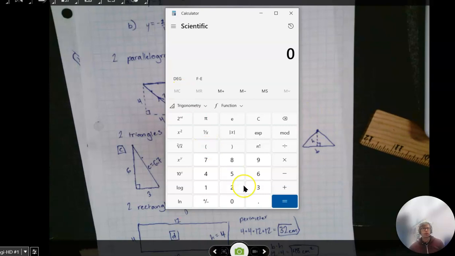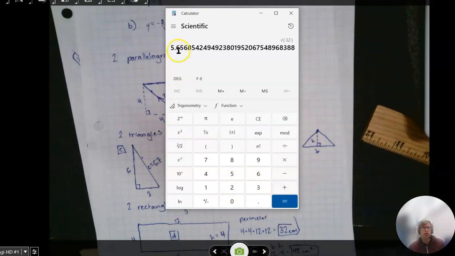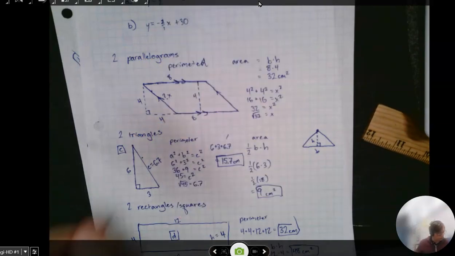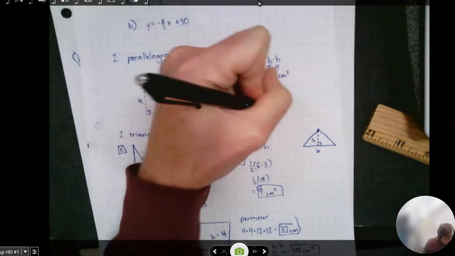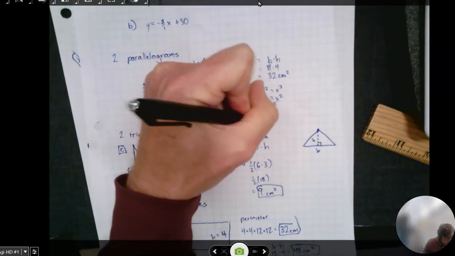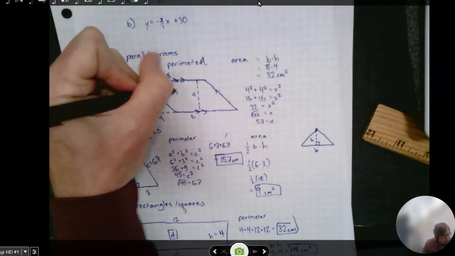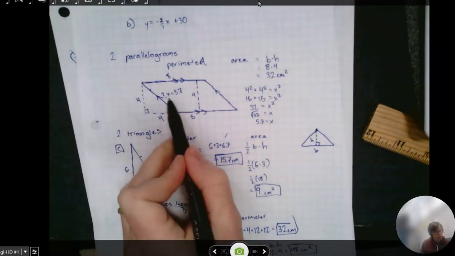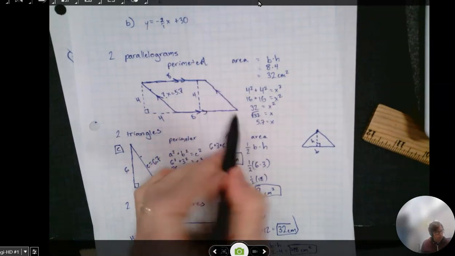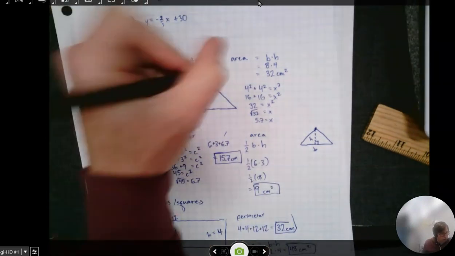So the square root of 32, I'm going to round it up, so I have to round that to 5.7. So x equals 5.7. Great. So here equals 5.7. And if that side is 5.7, this also would form the same right triangle, so this would be 5.7.